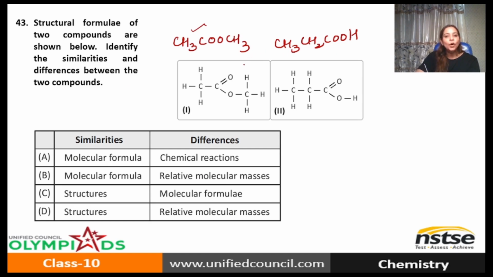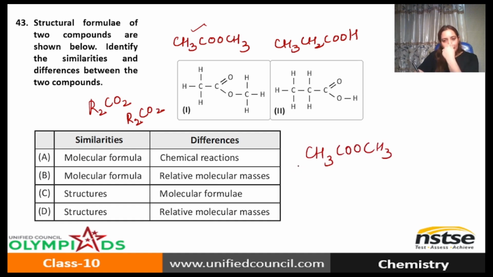Yes, they have the same molecular formula, because we can write it as R2CO2, and in the same way here we can write R2 and CO2. So basically they have the same molecular formula. And let's calculate their mass also. I hope you know how to calculate.